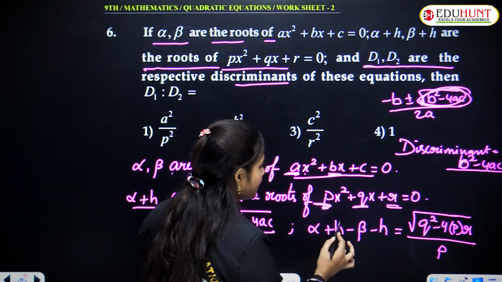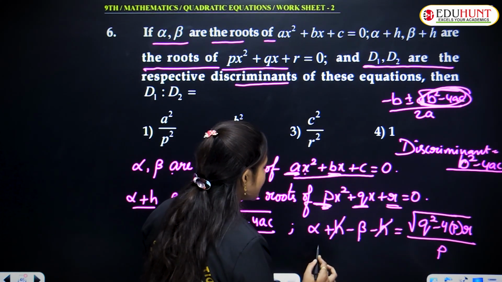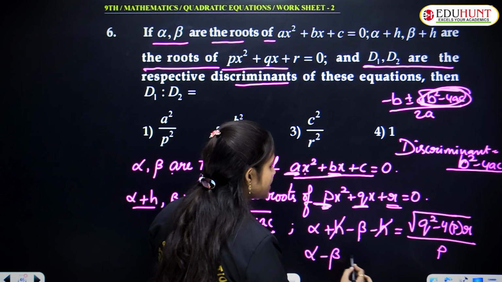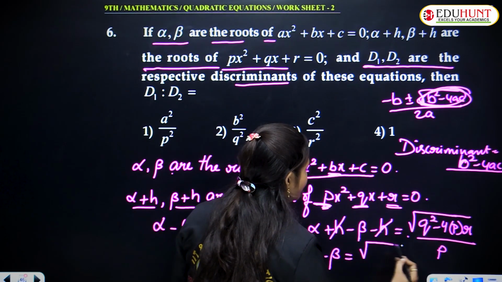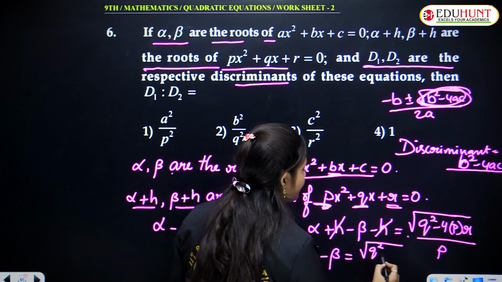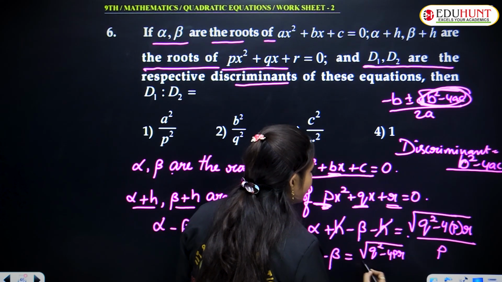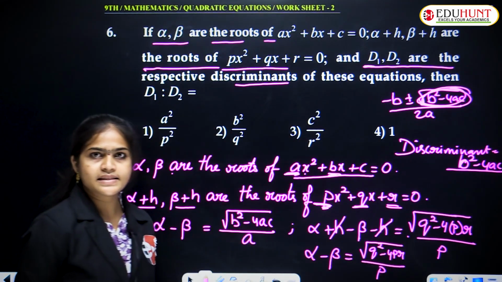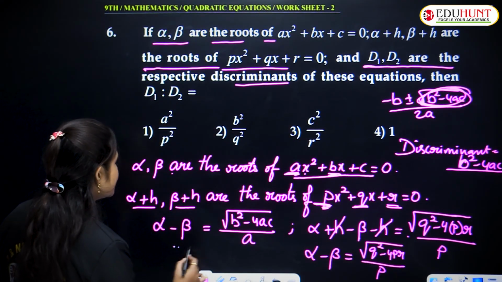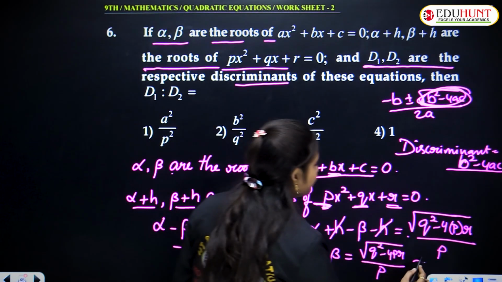Understand? So from this, plus h and minus h get cancelled, so alpha minus beta is equal to square root of q square minus 4pr by p. Understand? So now see here, this is equation number 1 and this is equation number 2.